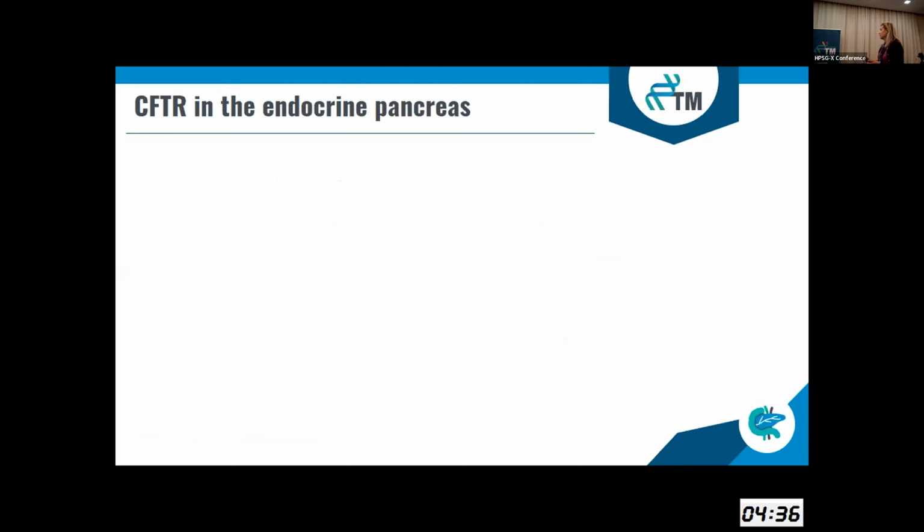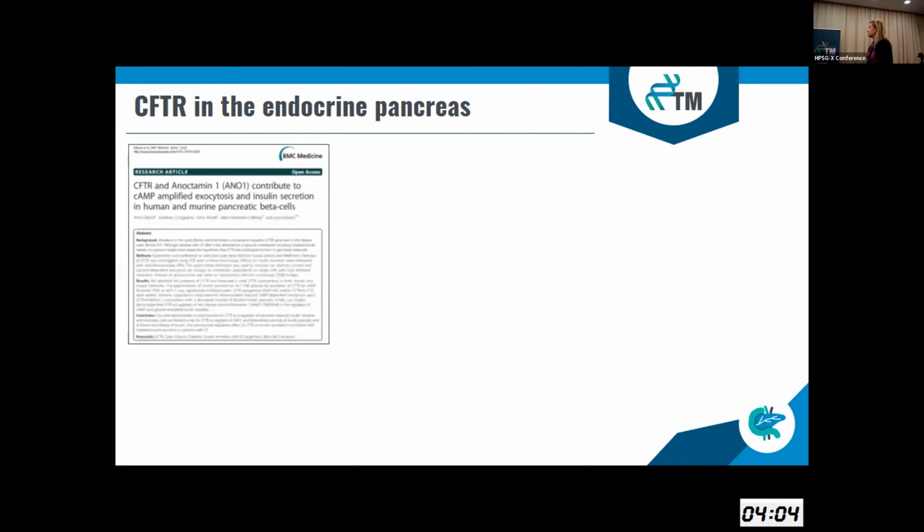In the second part of my talk, I would like to briefly talk about the endocrine pancreas. In contrast to the exocrine pancreas, the role of CFTR in the endocrine pancreas is not as clear. The main reason for this is that the expression of CFTR is different in different species.